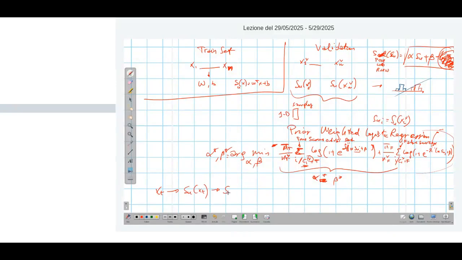Then you will compute the posterior ratio, which is alpha star s plus beta star. And then, as usual, the calibrated score for the sample, which is alpha star s of x_t plus beta star minus the log odds that was used for training the model. Okay?